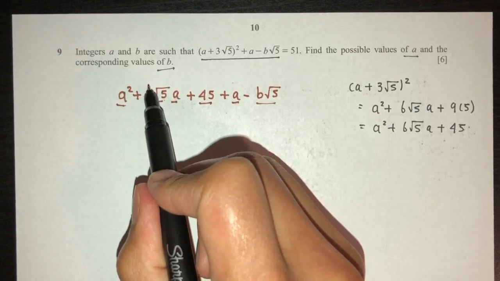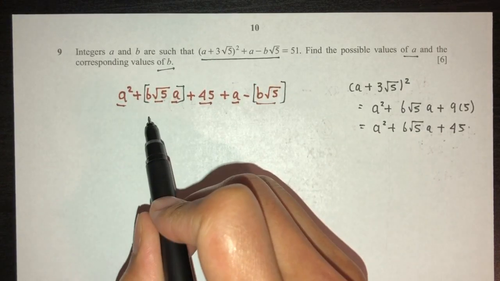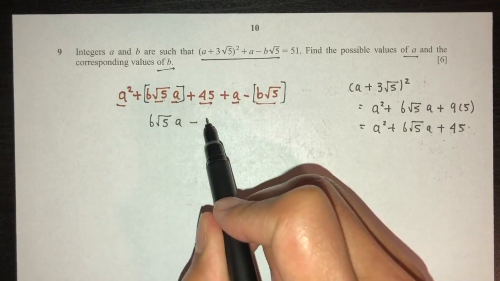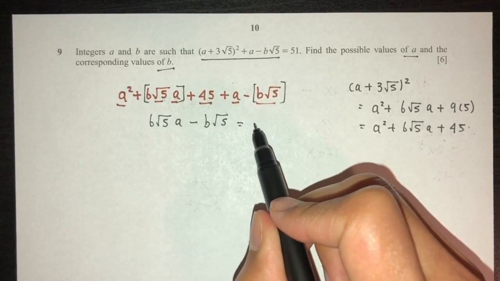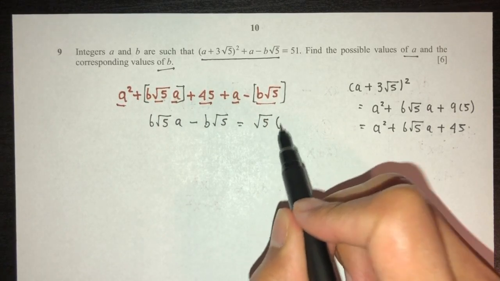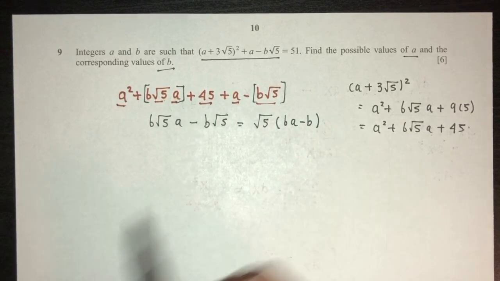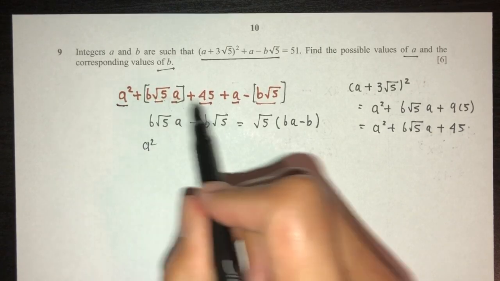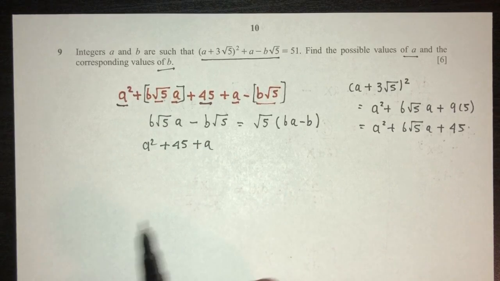First let's get this one and this one together. So we have 6 root 5 a minus b root 5. That is equal to what? Let's take the root 5 out. You will have 6a minus b. That is one good thing. And then here we have a squared remaining plus 45 plus a.